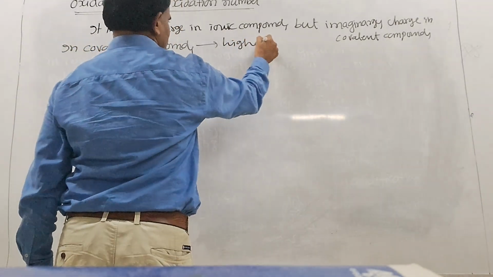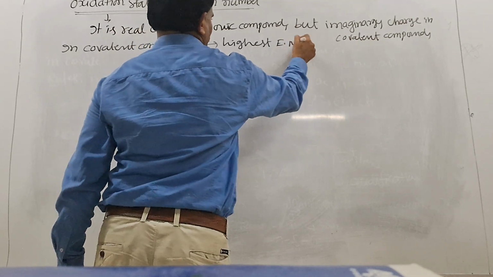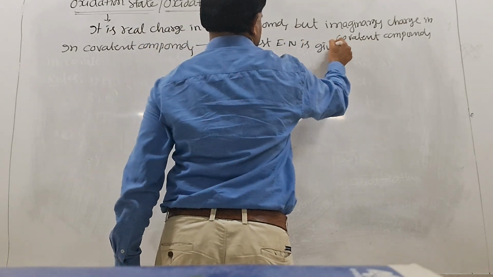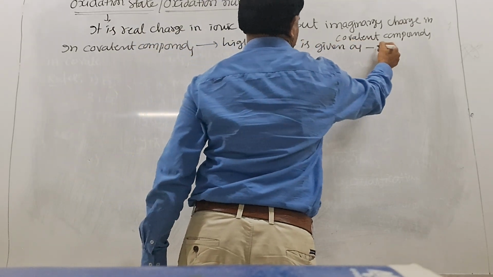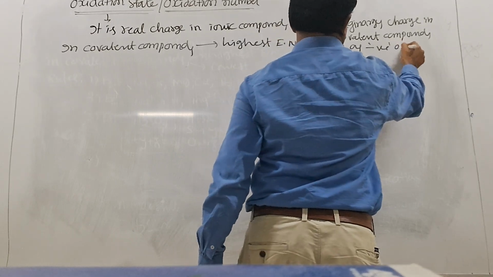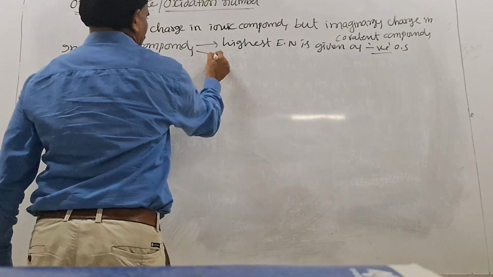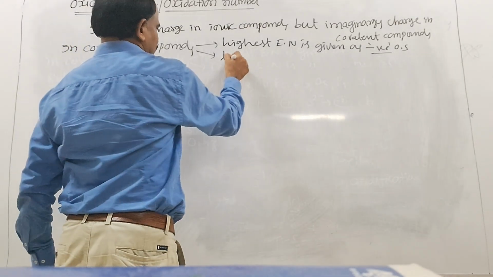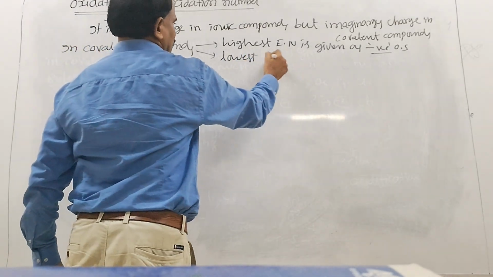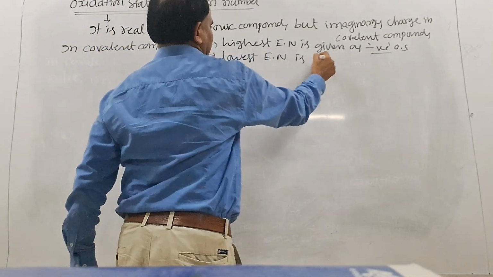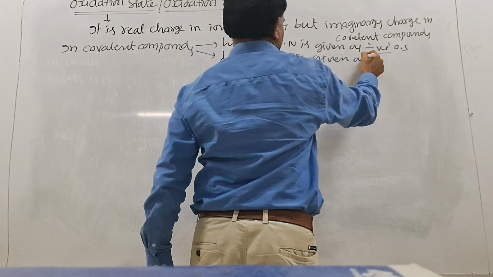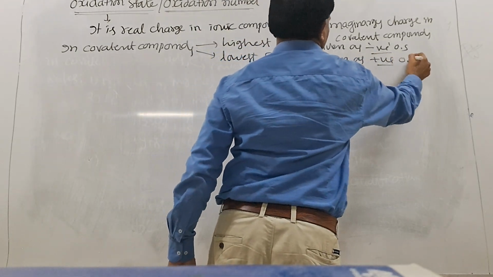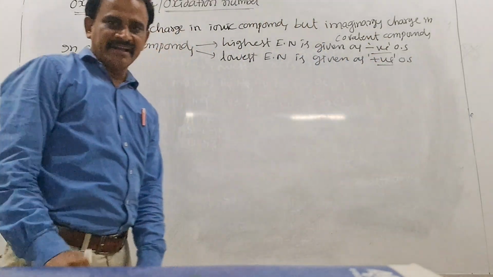An atom with the highest electronegativity is given a negative oxidation state, and an atom with the lowest electronegativity is given a positive oxidation state. Okay.